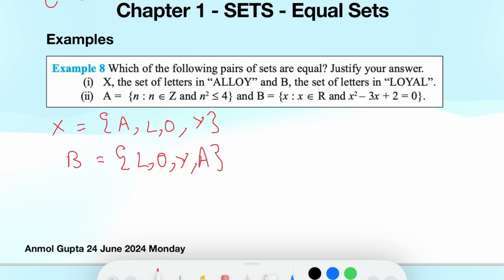Let us see the second question. A equal to n such that n belongs to integers and n squared is less than or equal to 4, and B equal to x such that x belongs to real numbers and x square minus 3x plus 2 is equal to 0.